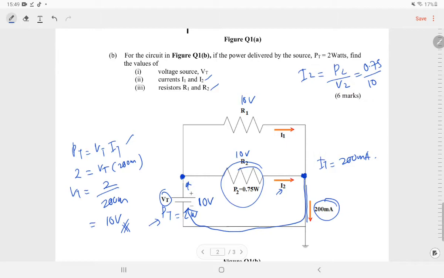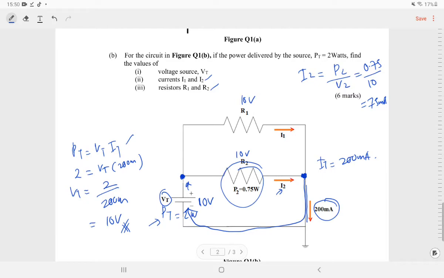Right? So you get the answer. Okay, you will get the answer, which is I think 75 milliampere. Right? So please check this one.